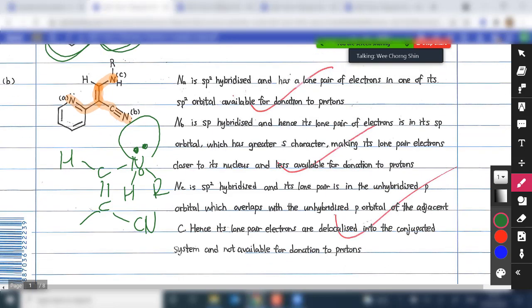Then, what about the lone pair of electrons on the cyano group? That particular lone pair is interesting because it's in an sp hybrid orbital. Because it's sp, the percentage of s character is greater than in the sp2 case.